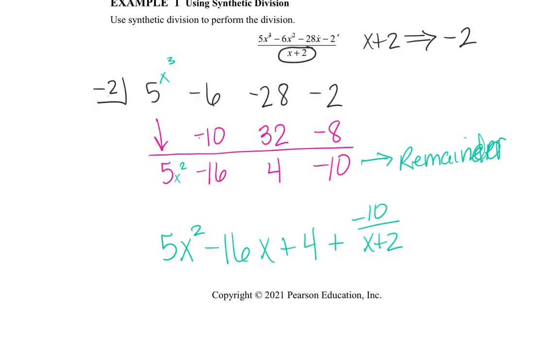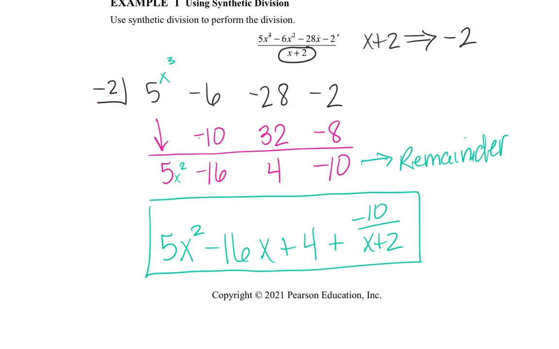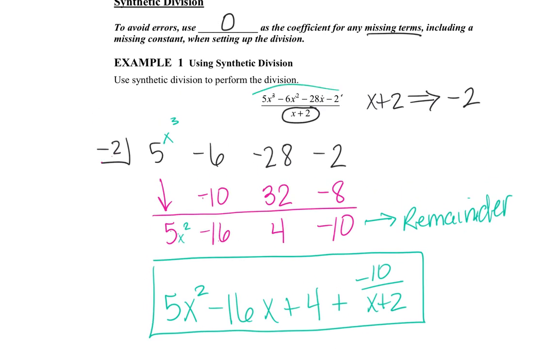I guess it'd help if I could spell. Remainder. So this is the answer to dividing that function by x plus 2, like we did here, because this is your x minus negative 2, which is why we used the negative 2.